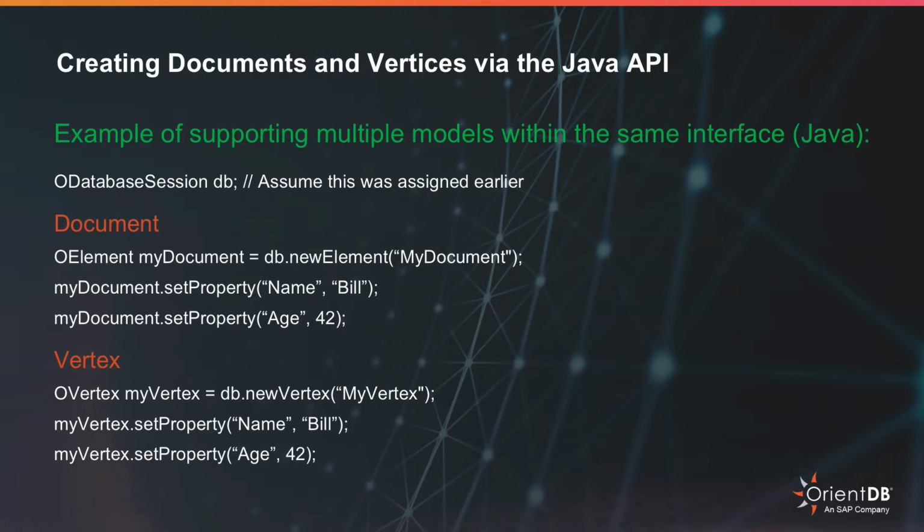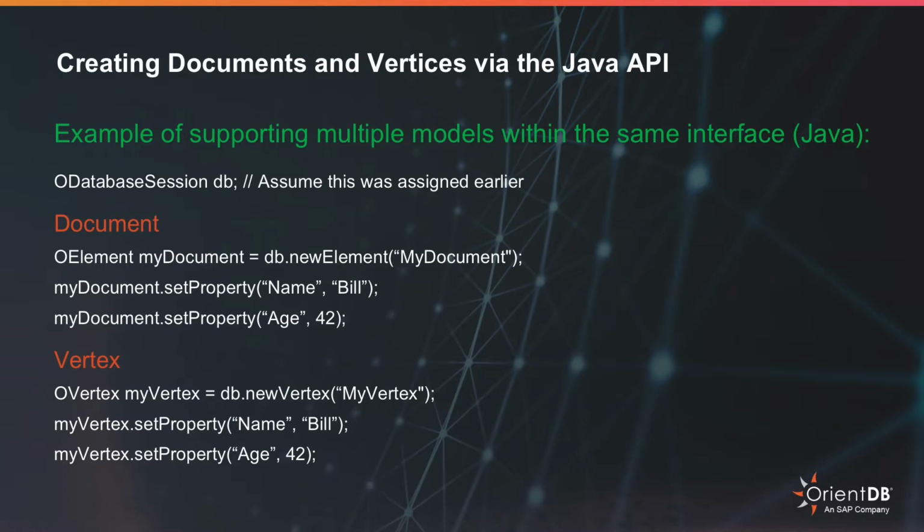But look at our graph example. Here's a vertex. I can call DB new vertex instead of new element, specifying the class, and it's returned as an O vertex. And I can call set property on it. You know what else I can do? I can change O vertex to an O element and do exactly the same thing, because O vertex derives from O element, because we're multi-model.